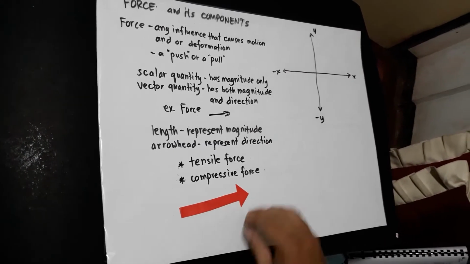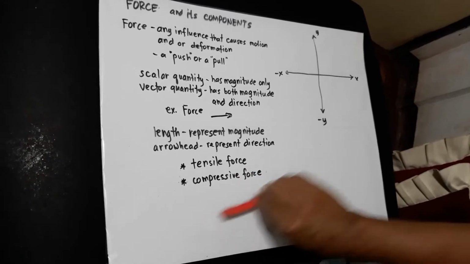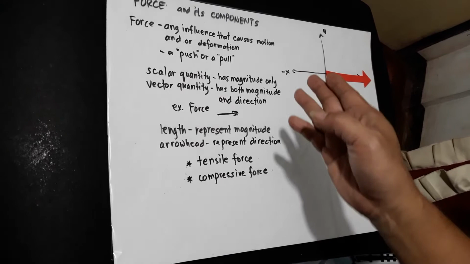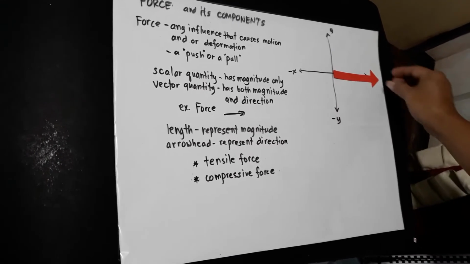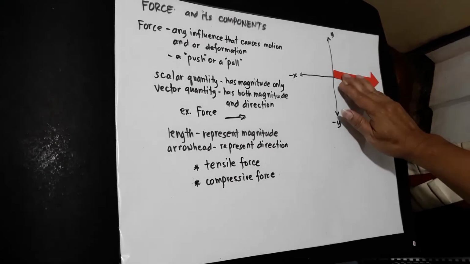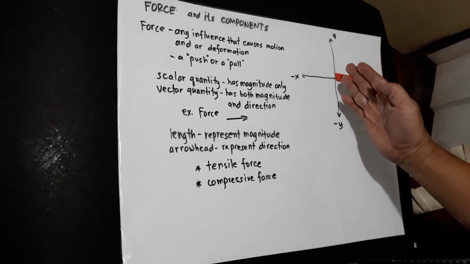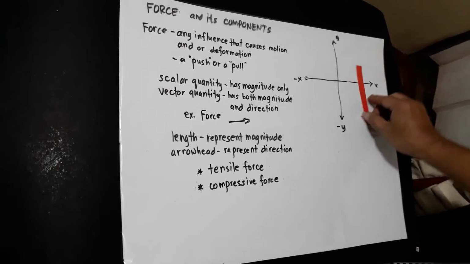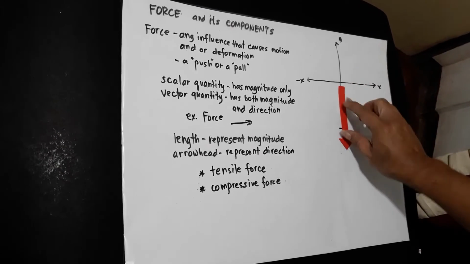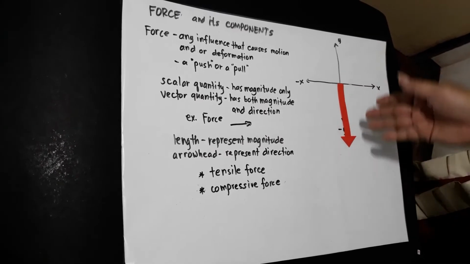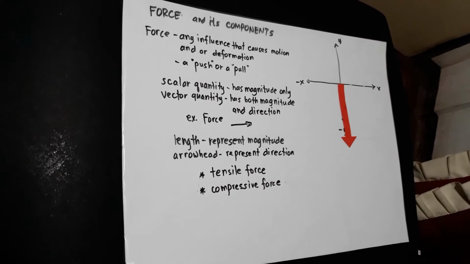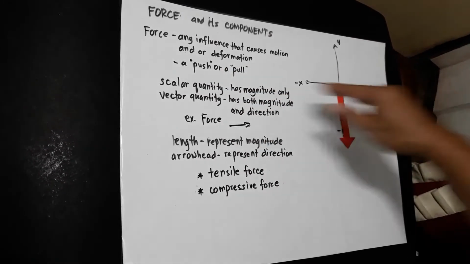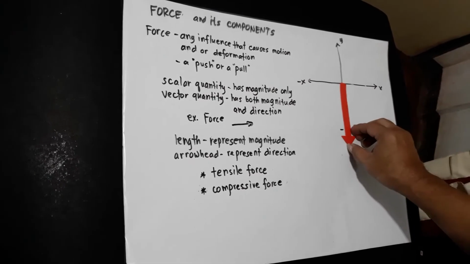If the force is placed here, it means that the force is totally going to the positive x direction, and it doesn't have any component along the y direction. And if the force is going there, it means that the force is purely going downward, and it doesn't have any x component along the x axis.